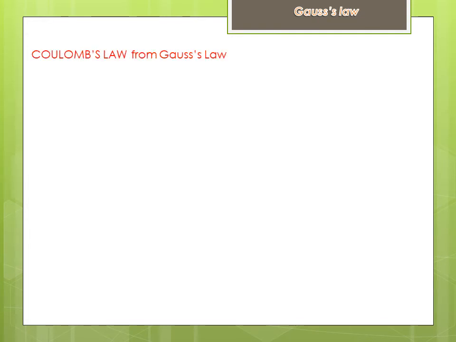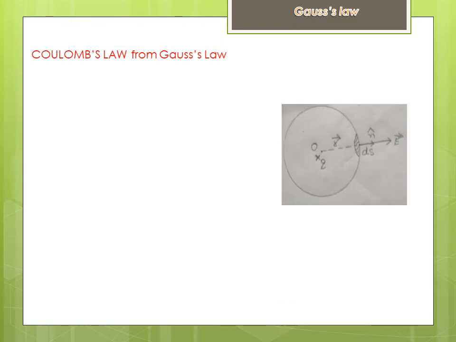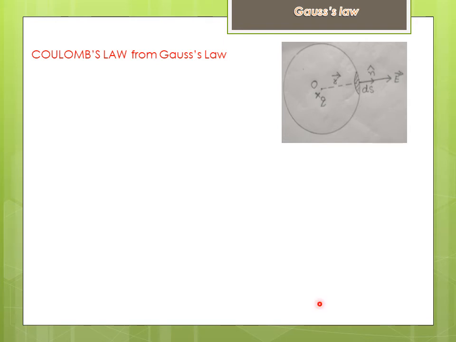Now, Coulomb's law from the Gauss law. Once again, we are taking the same diagram. Here the electric field at this point we can say is Q by R square, this distance, into 1 by 4 pi epsilon naught. But from the Gauss law, electric flux equals the surface integral E dot ds, that is Q by epsilon naught.